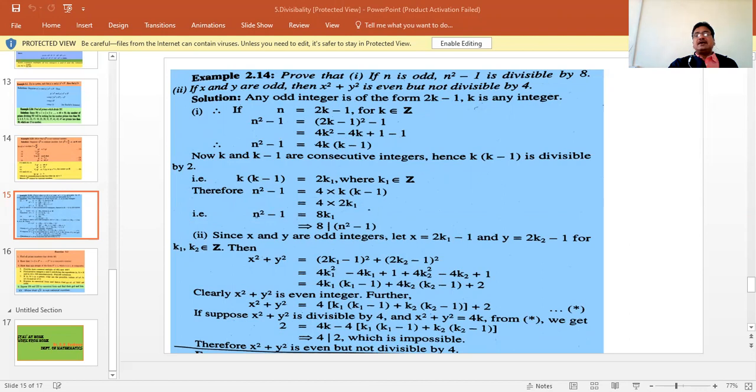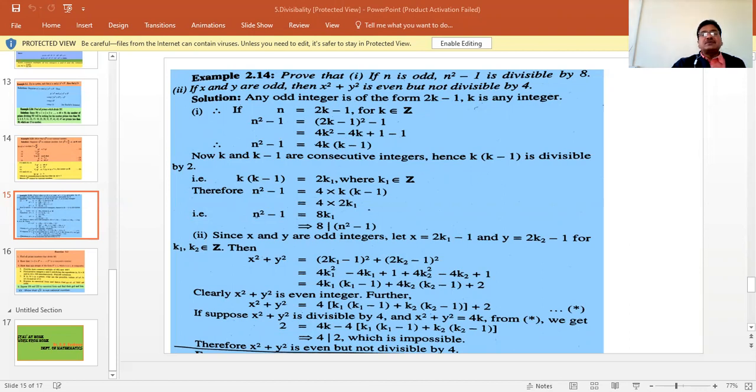And that's why this k into k minus 1 is divisible by 2, means it is expressed in the form 2 into some integer. We write k into k minus 1 as 2k1 for some k1 belongs to z, because k into k minus 1 is divisible by 2, means 2 divides this number, means this number k into k minus 1 is expressed in the form 2 into some integer, 2 into k1.